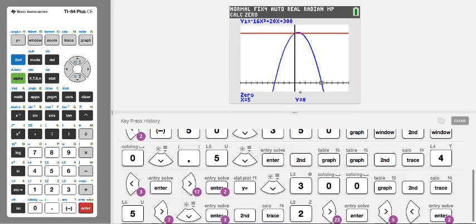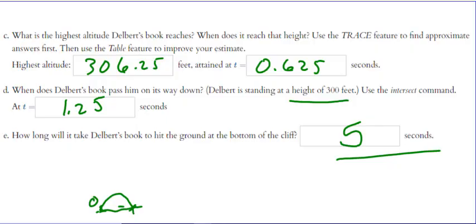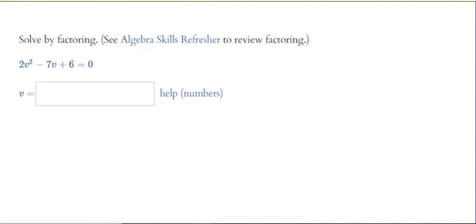So it kind of threw a word problem in to begin with, but it really gets you used to using some of the things that we're going to be using as we progress forward. So here's this one. Solve by factoring.